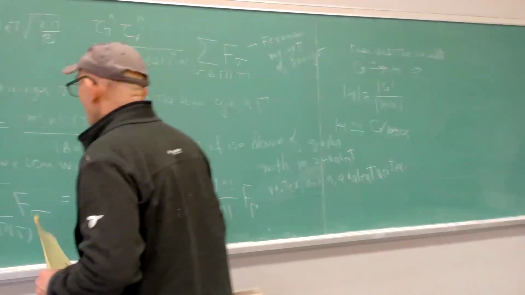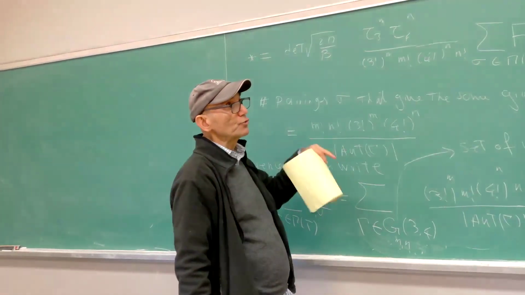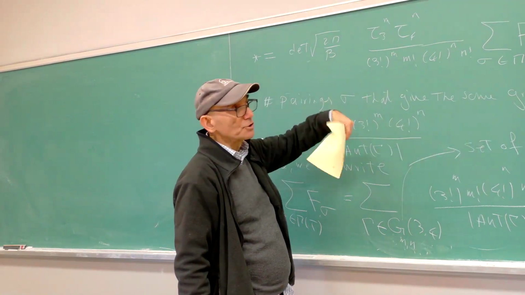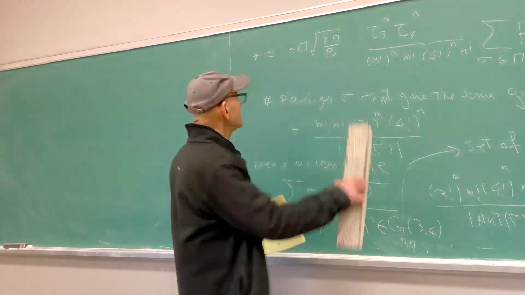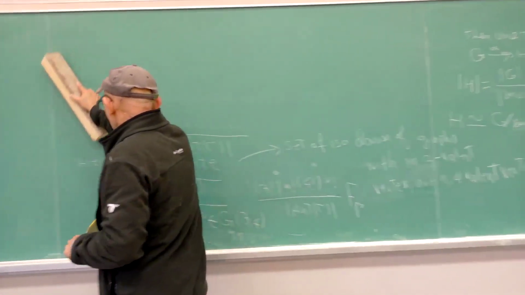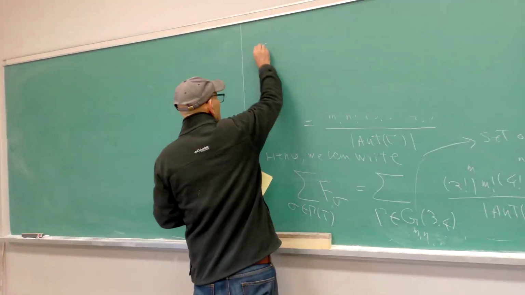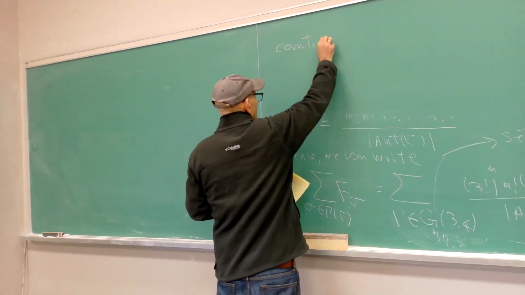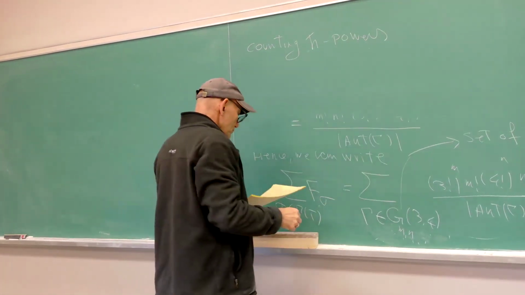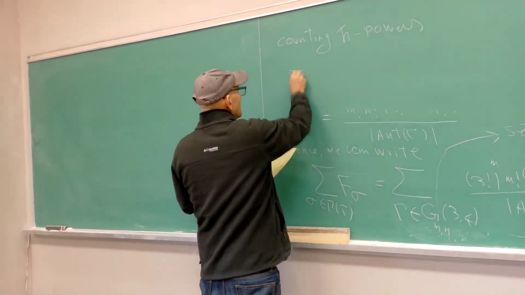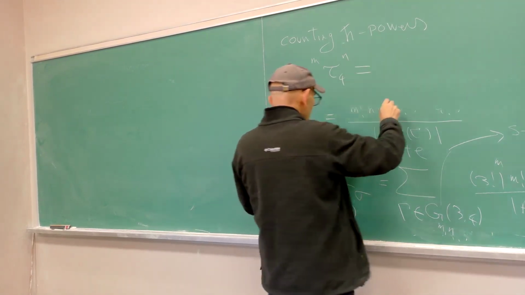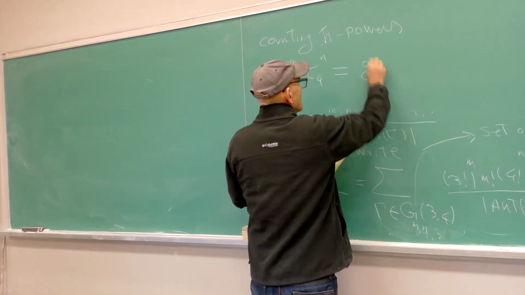What happens to powers of H? There was one power of H to the power 3 over 2 minus 1, and then we are raising the expression to the power m, and then another power H to the 4 over 2 minus 1. That's very important, actually, counting H powers. We have tau 3 to the power m, tau 4 to the power n, equal to G3 to the power m.